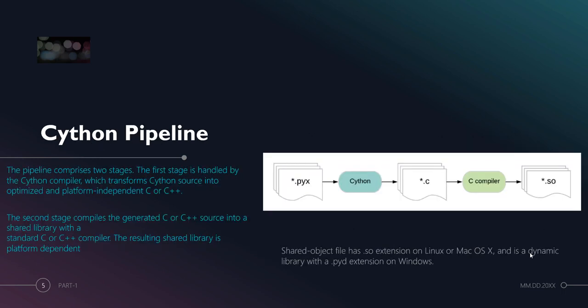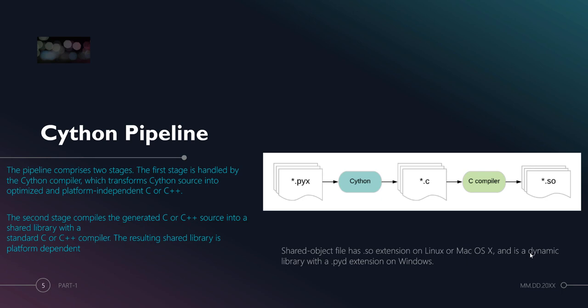Next is to understand the Cython compilation pipeline. The compilation process in Cython is a two-step process. In the first step, your Cython code is converted into an equivalent, optimized, and platform-independent C or C++ code.